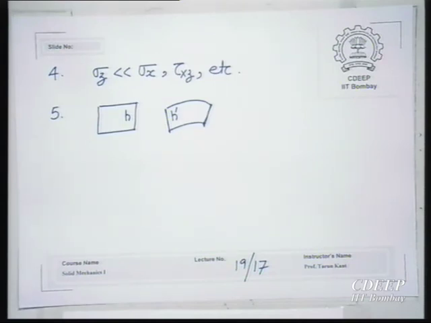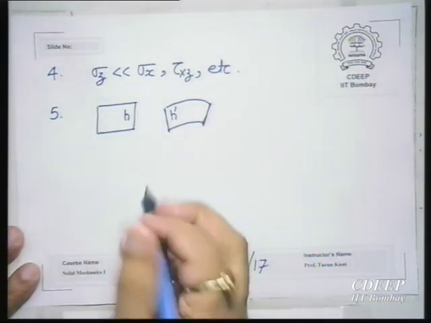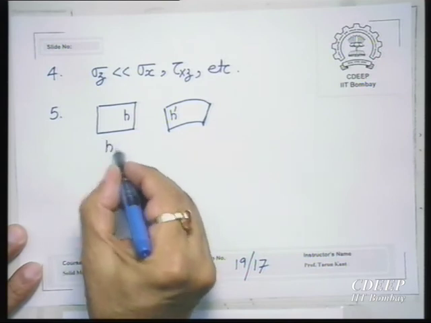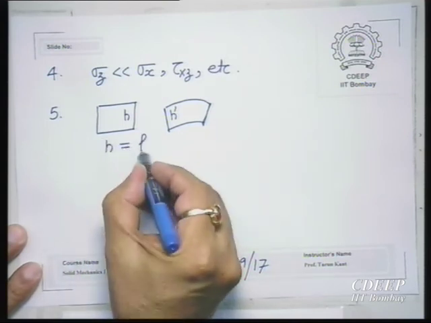In general, yes. Why should it not become? It need not remain. The thickness need not remain the same. But we assume here that thickness does not change. This I have not explained. So we will assume that h is equal to h dash.